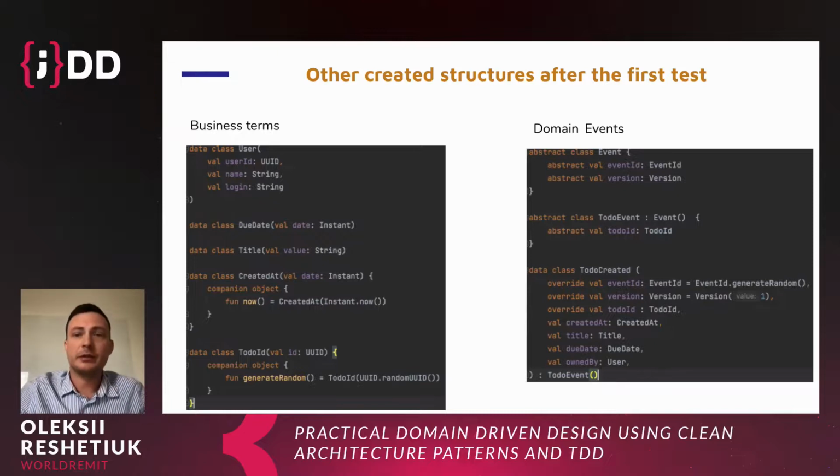During the test writing, we have also created other domain structures, like user, due date, title, created at, as you see, to do ID and our events. We added also useful methods for generating UIDs inside the value objects. It's also very useful.